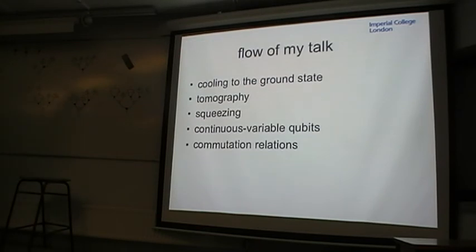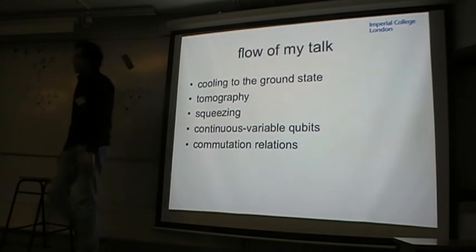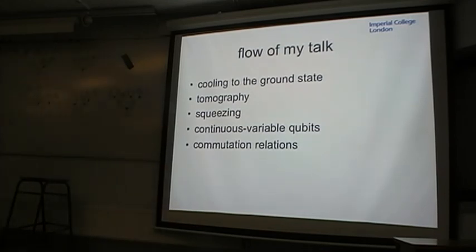Okay, so in my talk, I wanted to show you how to cool it down, how to read out, how to control, and how to manipulate the phononic state of the nanomechanical oscillators. Thank you very much for your attention.